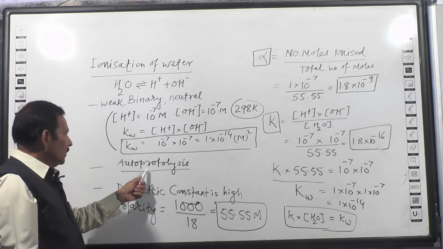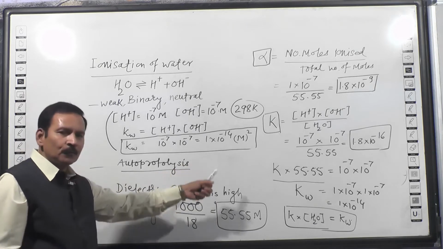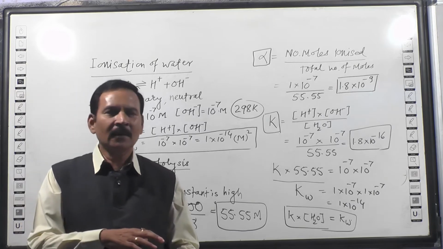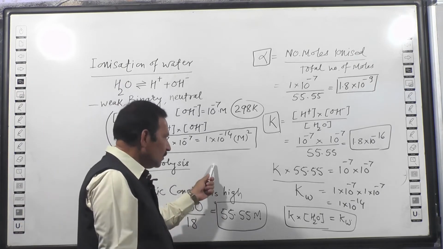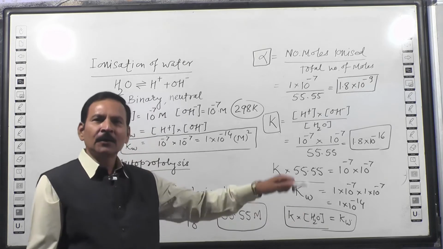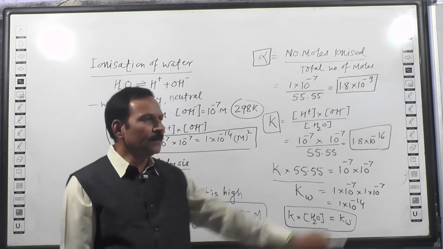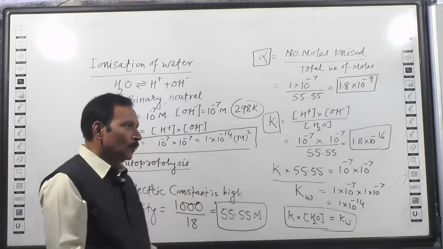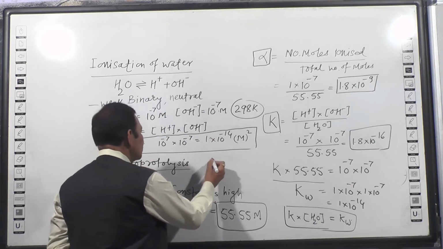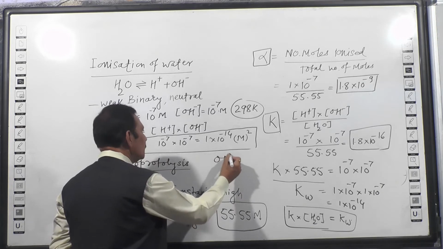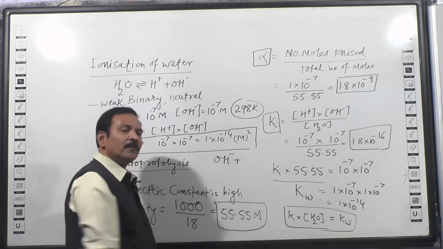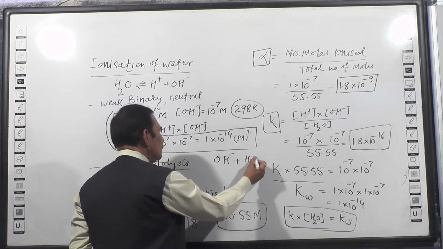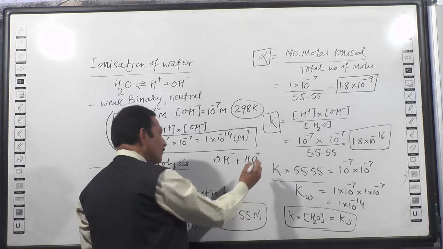So the reaction was written H2O plus H2O. दो वाटर मॉलिक्यूल्स आपस में रिएक्ट हो जाते हैं तो क्या मिलता है? एक वाटर मॉलिक्यूल प्रोटॉन डोनेट करता है तो OH माइनस मिलता है प्रोडक्ट साइड पर, और दूसरा वाटर मॉलिक्यूल प्रोटॉन एक्सेप्ट करता है तो हाइड्रोनियम आयन मिलता है प्रोडक्ट साइड पर. So OH minus is one of the products by release of proton from one water molecule, and formation of hydronium ion by accepting one proton from the other water molecule.